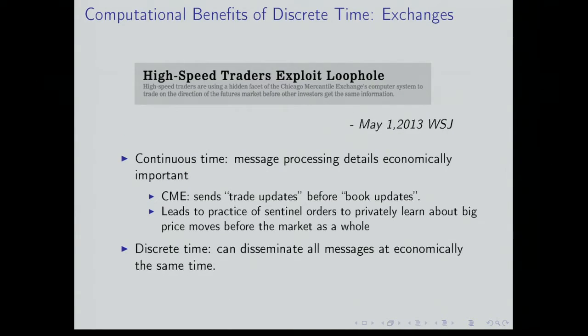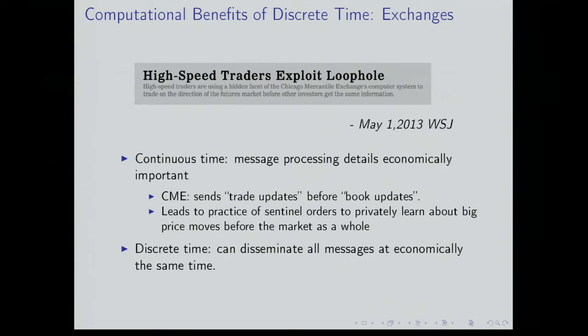A second computational benefit of discrete time is that it simplifies message processing details for exchanges. If a large trade triggers a lot of messages, it triggers trade updates to participants in the trade, and book updates to the market as a whole saying that the price is updated. In continuous time, exchanges have to decide the order in which to disseminate these messages.